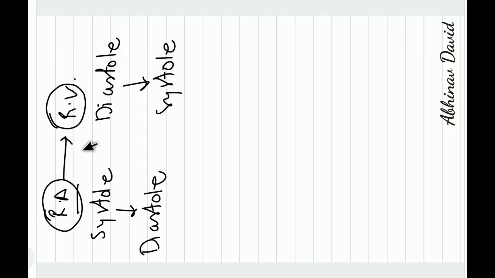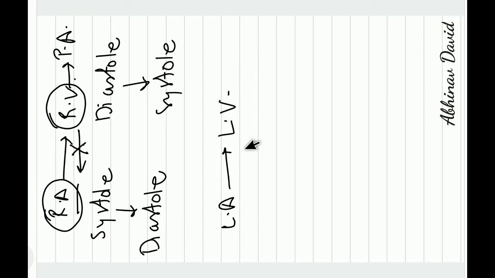Now what will happen? The blood will try to go back. So the valves are there and they stop the backflow of the blood. The ventricle will send the blood only to the pulmonary artery, not back into the right auricle. Like that, there is a valve between the left auricle and left ventricle, and it also prevents the backflow of blood.